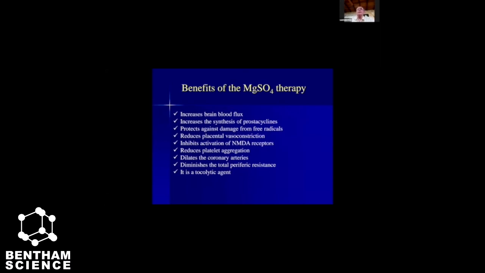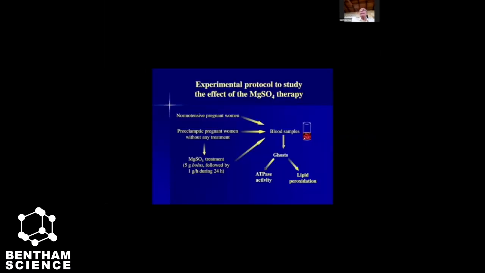I would like to mention that it increases brain blood flux, increases the synthesis of prostacyclins, and protects against damage from free radicals. This is very important because up to now, there are no reports that magnesium sulfate could act as an antioxidant.